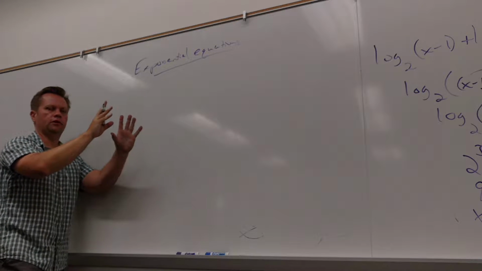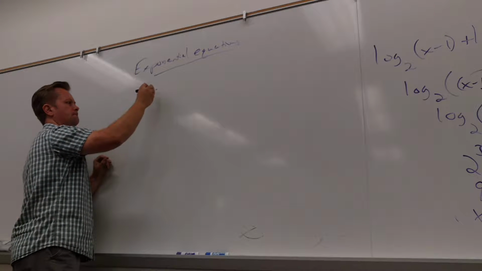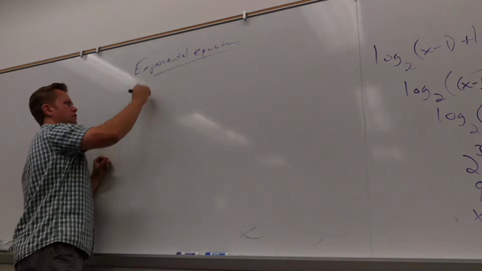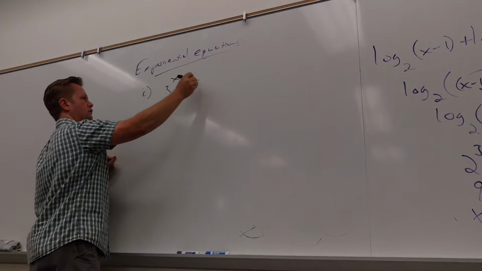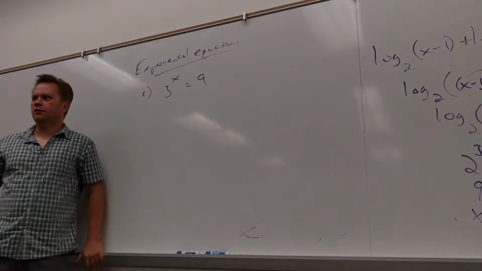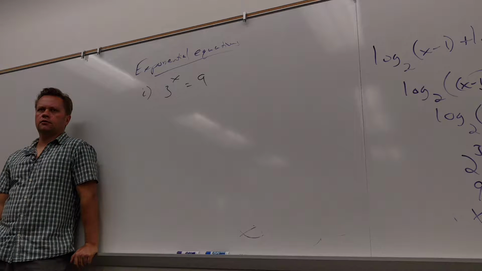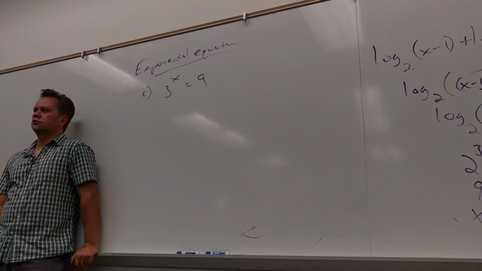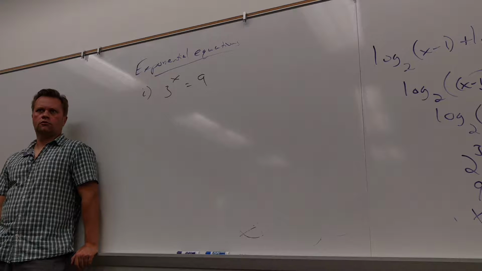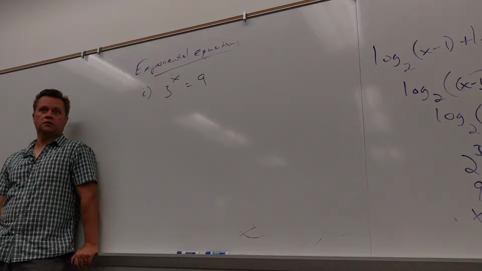So let me start with a really nice one. Okay, here's the nicest one in the world. So what do we have to do there? What's X? 2. You with me?